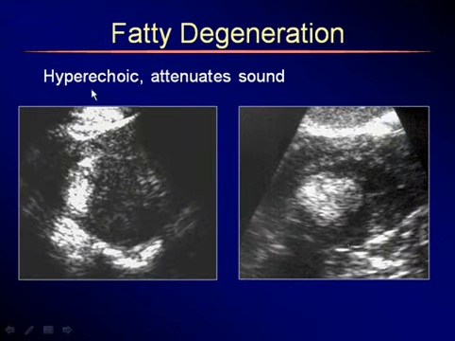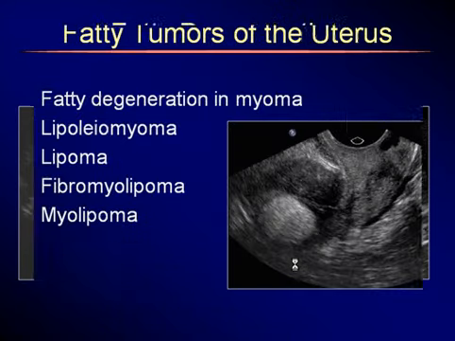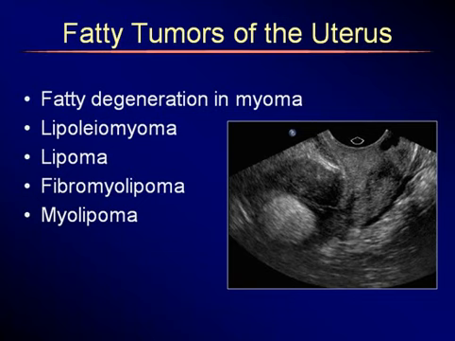There's fatty degeneration. Fat is hyperechoic on sonography, and here's a couple examples of a hyperechoic change with acoustical shadowing, at least in that case. Now, there are a few types of fatty tumors in the uterus, so I want to quickly talk about these.